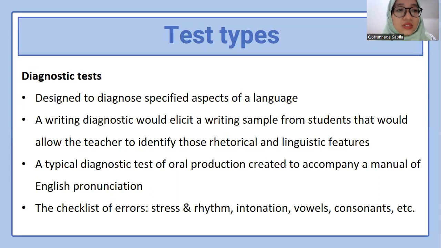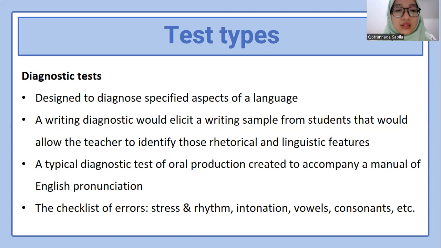And then the diagnostic test. A diagnostic test is designed to diagnose specified aspects of a language. A test in pronunciation, for example, might diagnose the phonological features of English that are difficult for a learner and should therefore become part of a curriculum.